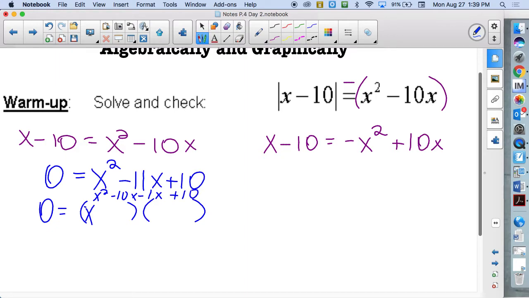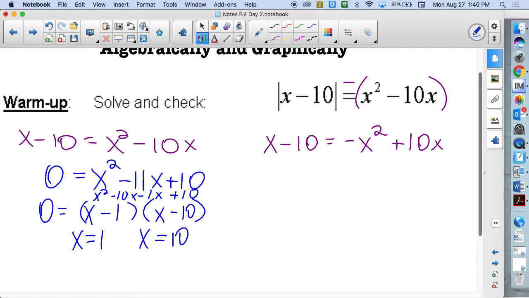So the first one you would pull out the x, the second one we would pull out a negative 1, and then we would be left with x minus 1 and x minus 10. So two answers here, a 1 and a 10. So that's the one side that Chelsea told us.